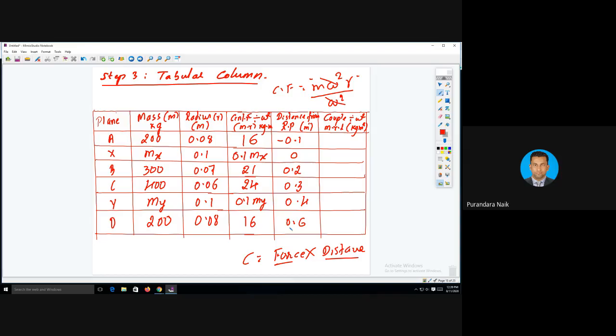Now the couple is nothing but centrifugal force into distance. Centrifugal force is here, distance is here. You multiply this and this, and we'll get the answer of this one.